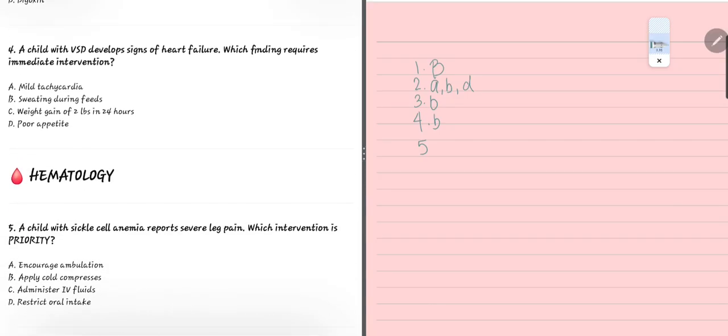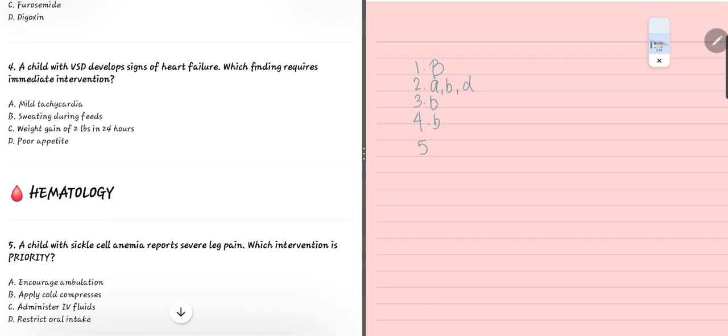Okay. Moving on to hematology. A child with sickle cell anemia reports severe leg pain. Which intervention is priority? A. Encourage ambulation. B. Apply cold compresses. C. Administer IV fluids.